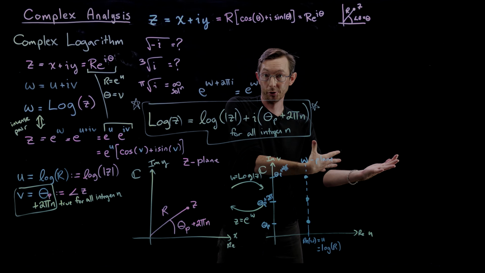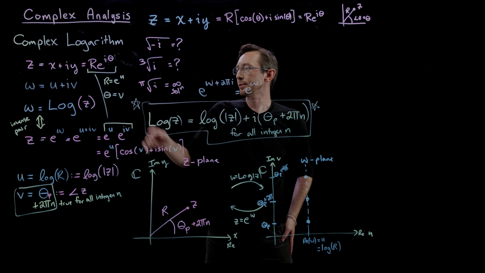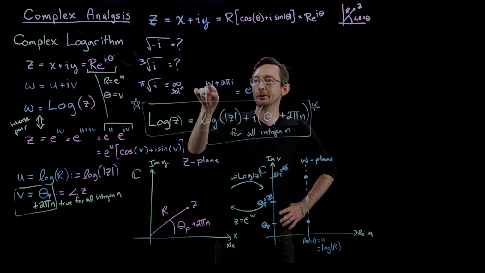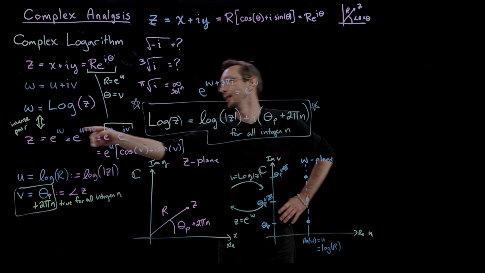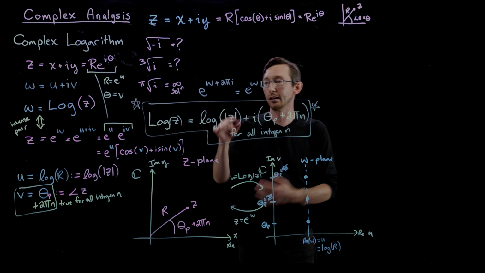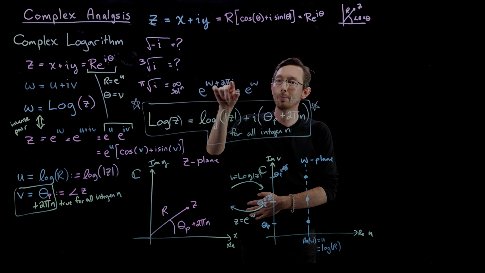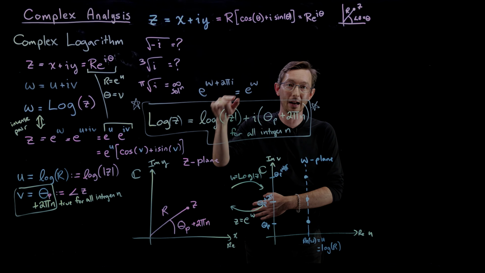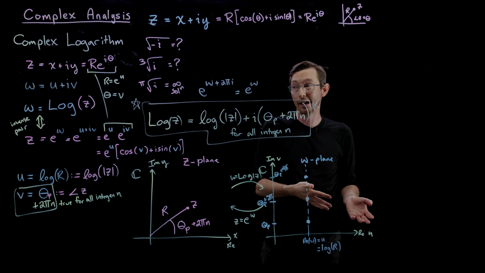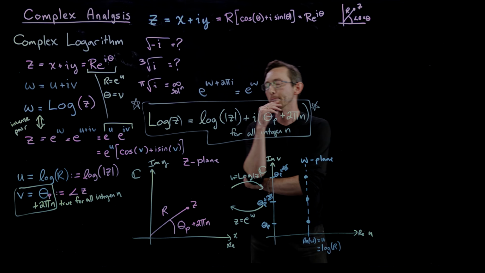That's the principal solution. But what we also find is that if we add 2 pi i to this w, it is still a solution, e to the w equals z. That's still the inverse of the logarithm. And that's true for 2 pi i, 4 pi i, 6 pi i, 8 pi i, and so on and so forth, for all integer multiples of 2 pi i that I can add to this thing.